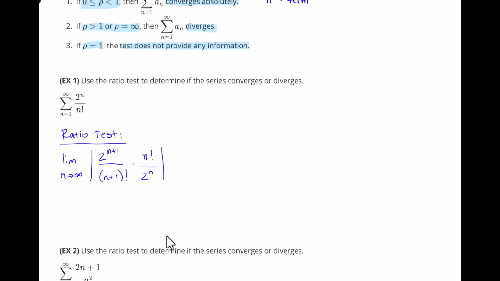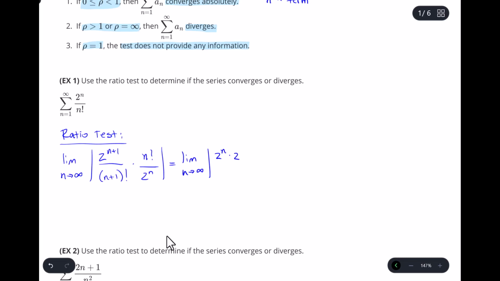Now, the ratio test works especially well if you have terms that are involving factorials or exponentials, because of the algebra that's involved there. 2 to the n plus 1 could be rewritten as 2 to the n times 2 to the first power.